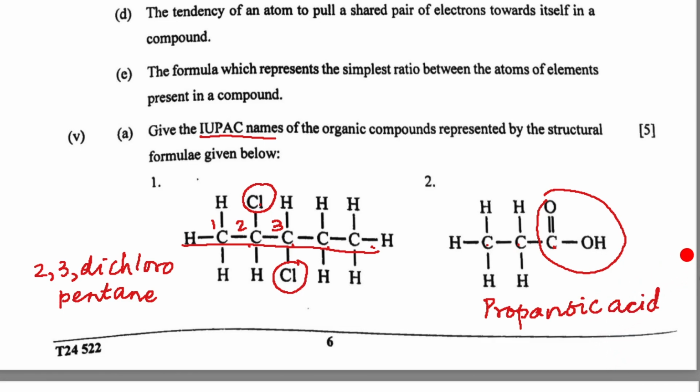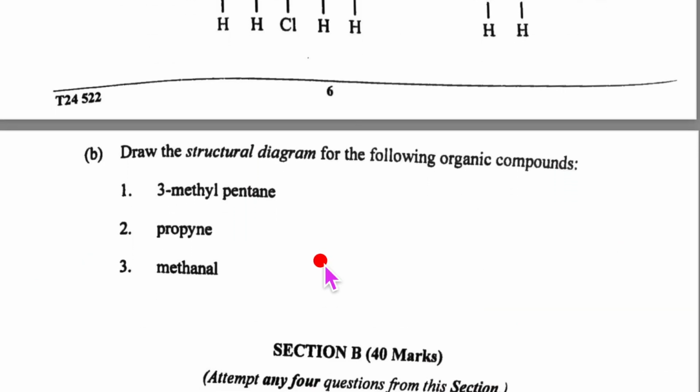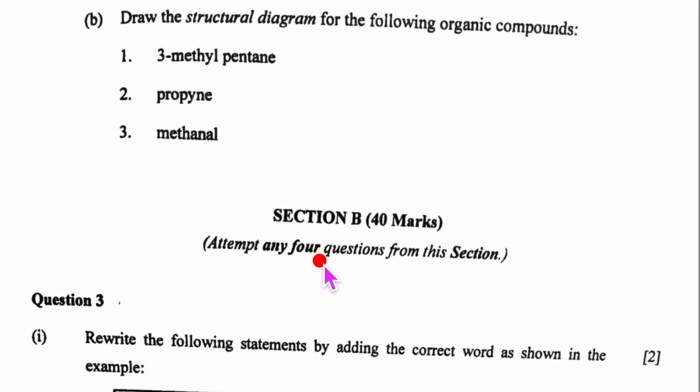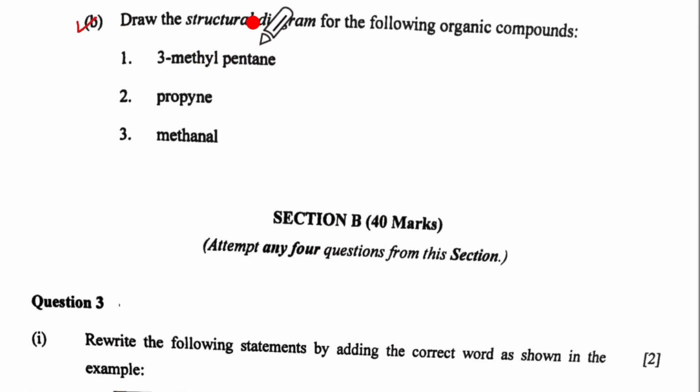Let's come to B part. Draw the structural diagram for the following organic compounds. 3-methyl pentane. So the root word is pent here. So we will have C, C, C, C, C, 5 carbons.